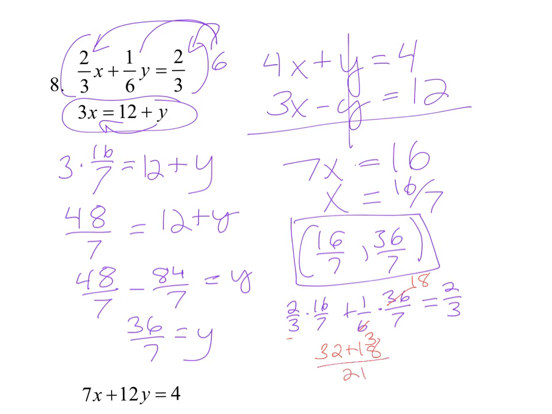All of this over 21. So 32 plus 18 is 50. Okay, that's not working either. All right, I'm going to pause it. I'm going to go figure out what I did wrong, and I'll be right back. For you, it's going to seem like instantaneous.